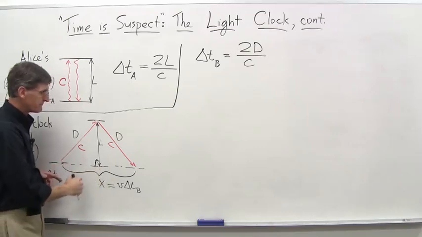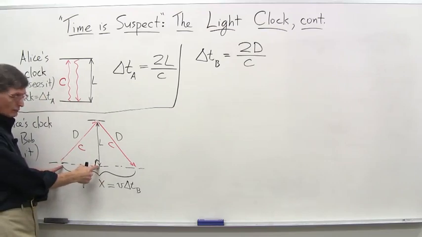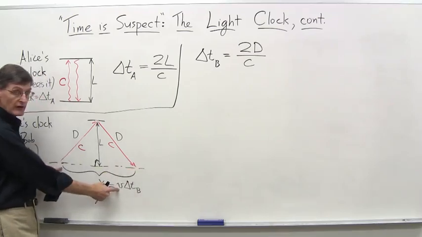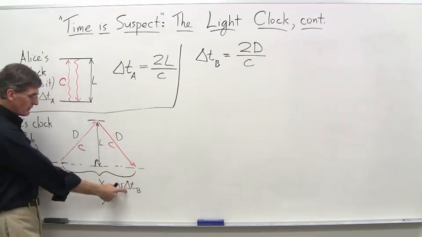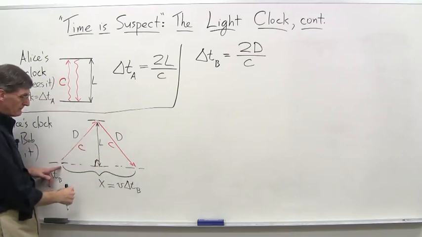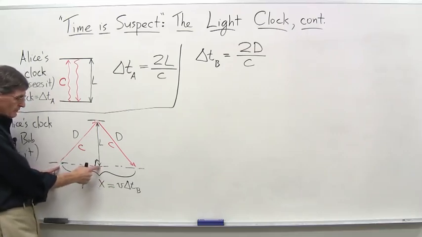Pythagorean theorem. So the question is, what is this side right here? Well, we said this distance was x, which was the velocity of Alice and her clock, times the tick time as Bob observes it, the time to go from there to there. So that's good. And this is x over 2. So x divided by 2 is essentially this side.